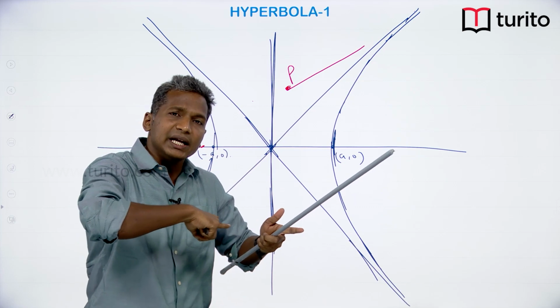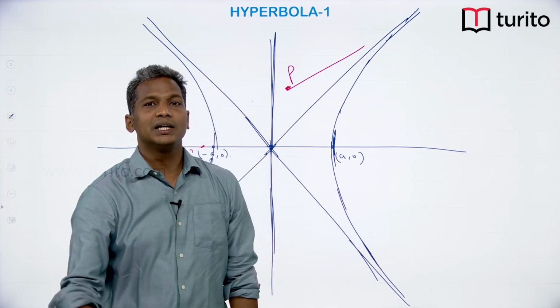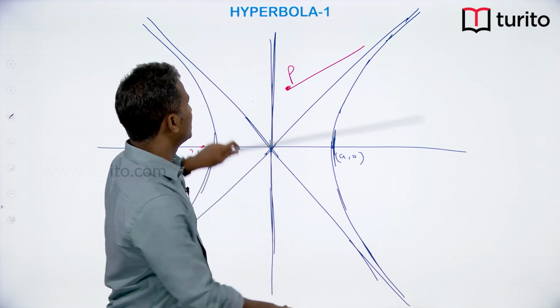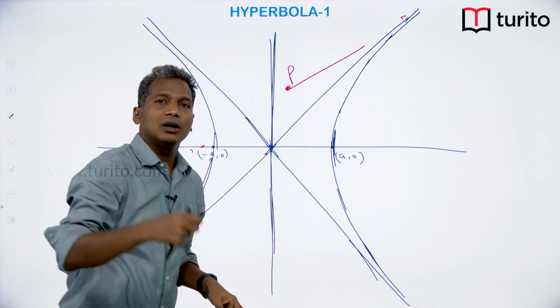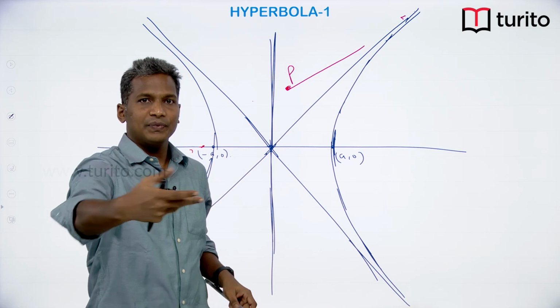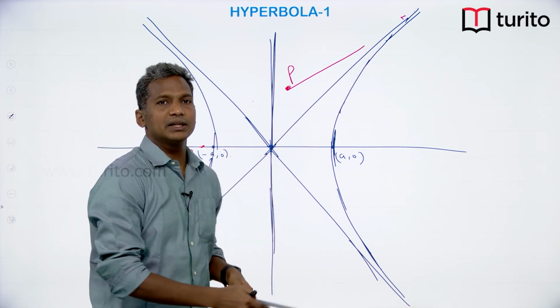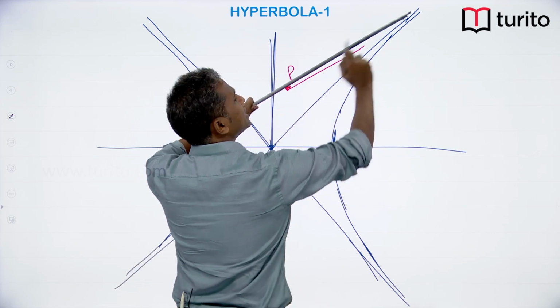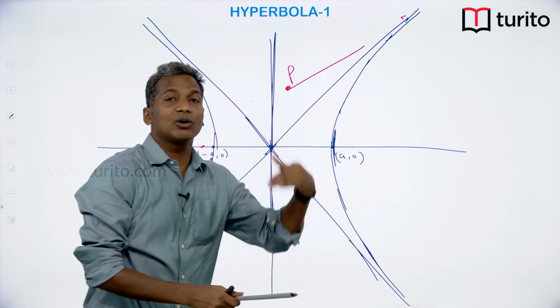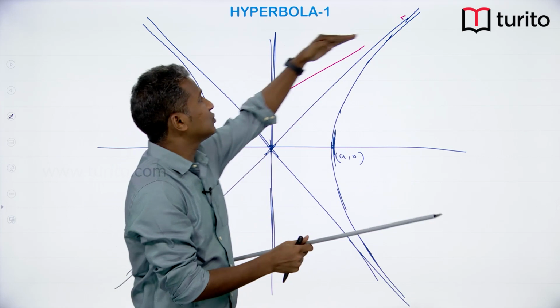If it is intersecting the asymptote, there is no way it becomes a tangent, because at this point the curve has automatically become a line, since the curve is approaching the line. If the curve is acting as a line and I am taking this as one tangent, it cannot touch it. So, this line has to cut.